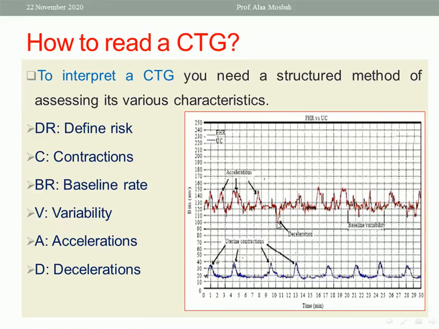Then the deceleration. This is called deceleration. Then at the end, what is the overall impression after you finish all of this? Is this CTG normal, reassuring, or non-reassuring, or abnormal?